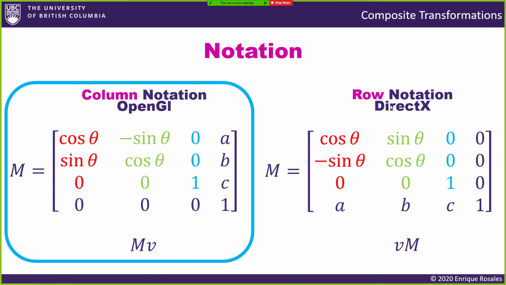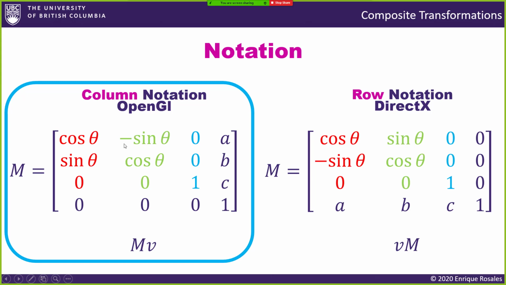And there are differences. So as you can see, the matrix is actually different. In the case of this matrix, it has two things: it has translation, ABC, and it has a rotation component here.